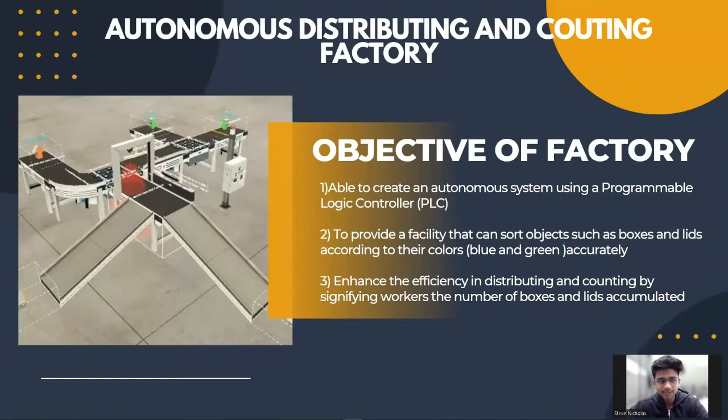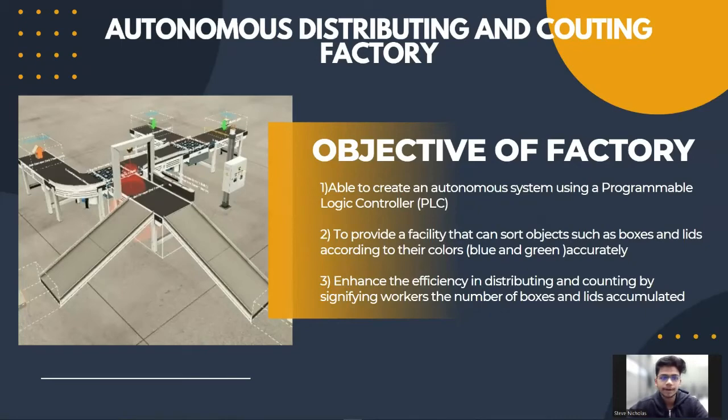As the slide states, the name of our factory is the Autonomous Distributing and Counting Factory, where it distributes the boxes and lids evenly, and is also able to count the number of boxes and lids flowing through the factory.